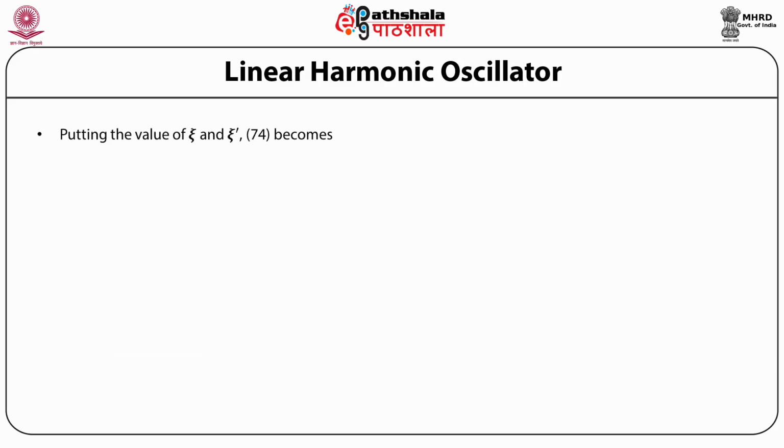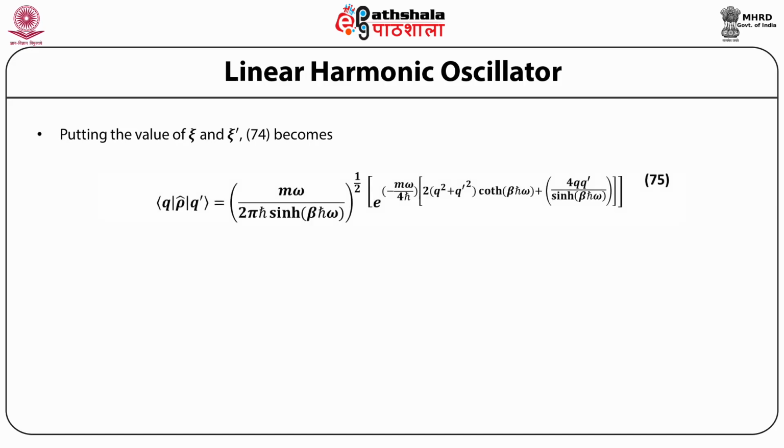Putting the value of xi and xi dash, 74 becomes equal to m omega upon 2 pi h bar sinh beta h bar omega, raised to the power half, multiplied by e raised to the power minus m omega by 4 h bar multiplied by 2 q square plus q dash square coth beta h bar omega plus 4 q q dash divided by sinh beta h bar omega.